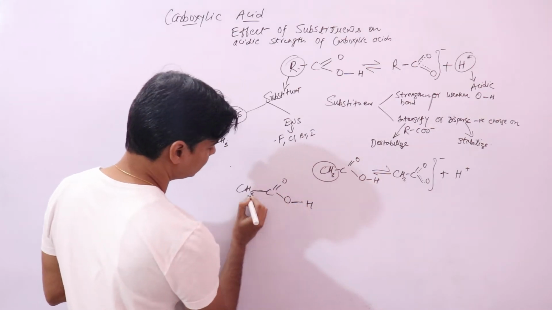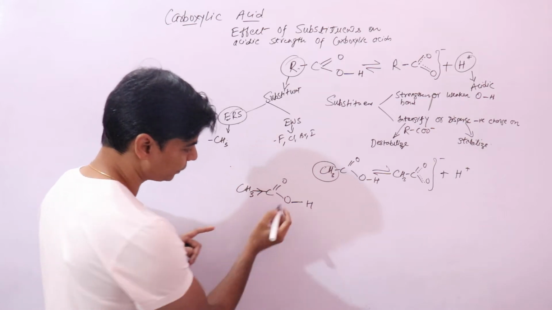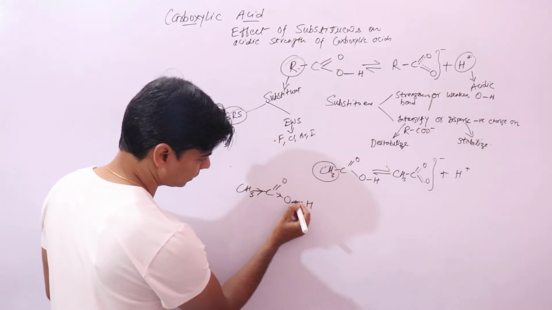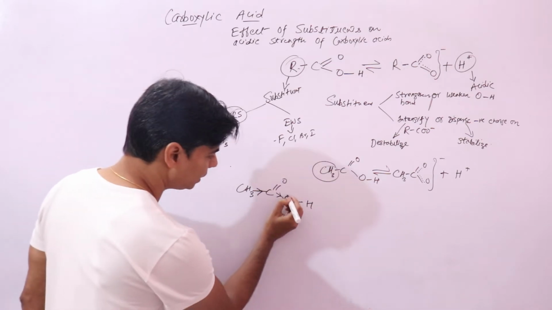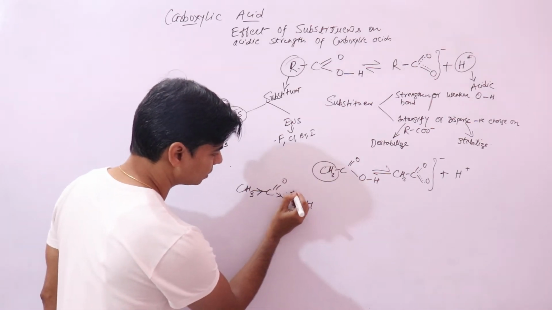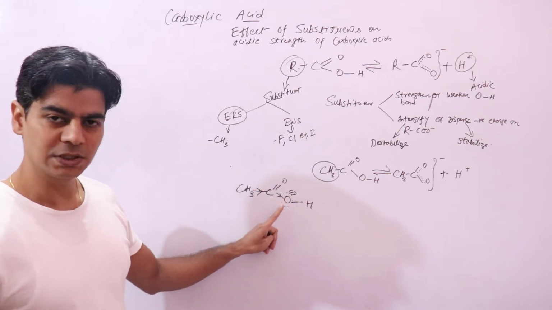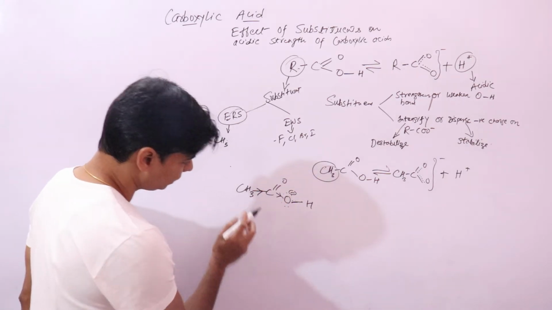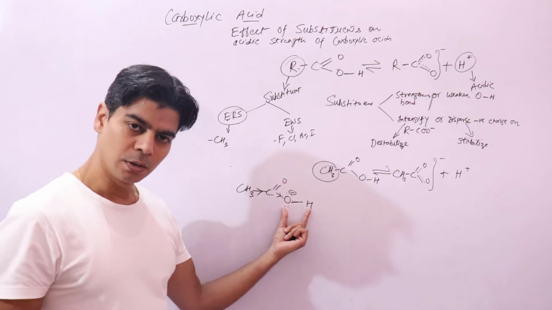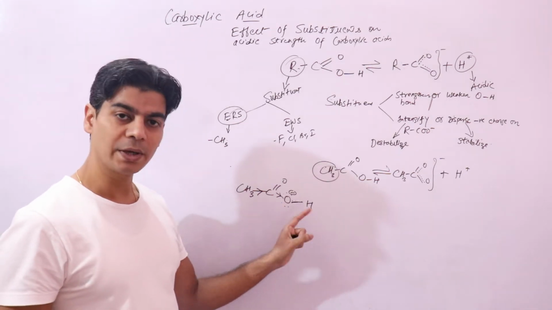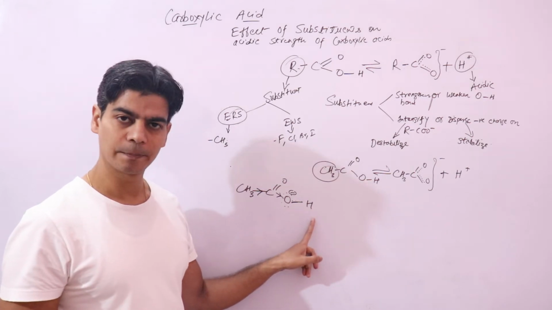This is an electron releasing substituent, so it will release electrons towards carbon and oxygen, the oxygen of this OH bond, right? So it will intensify the negative charge on this oxygen atom. Now just understand that the release of hydrogen ion, or acidic nature, is due to dissociation of this bond, right?